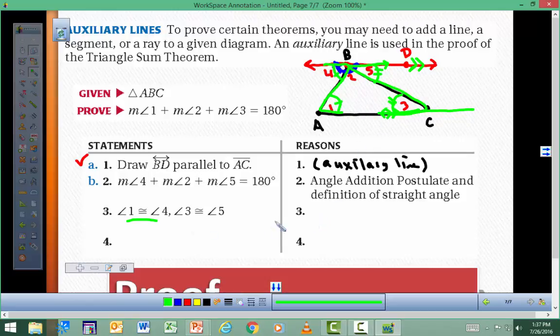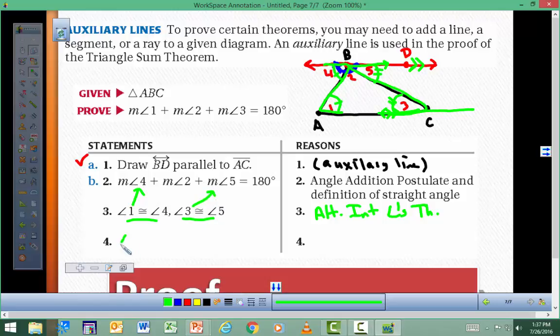So the reason that we can say that these two angles here are congruent is the alternate interior angles theorem. And so now what we're going to do is substitute right here and take this angle, substitute right there.